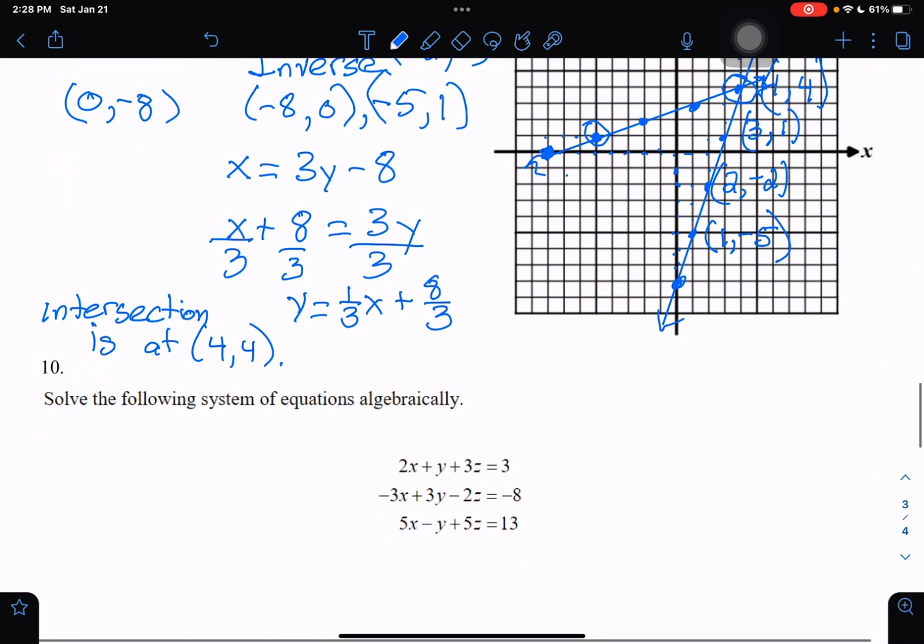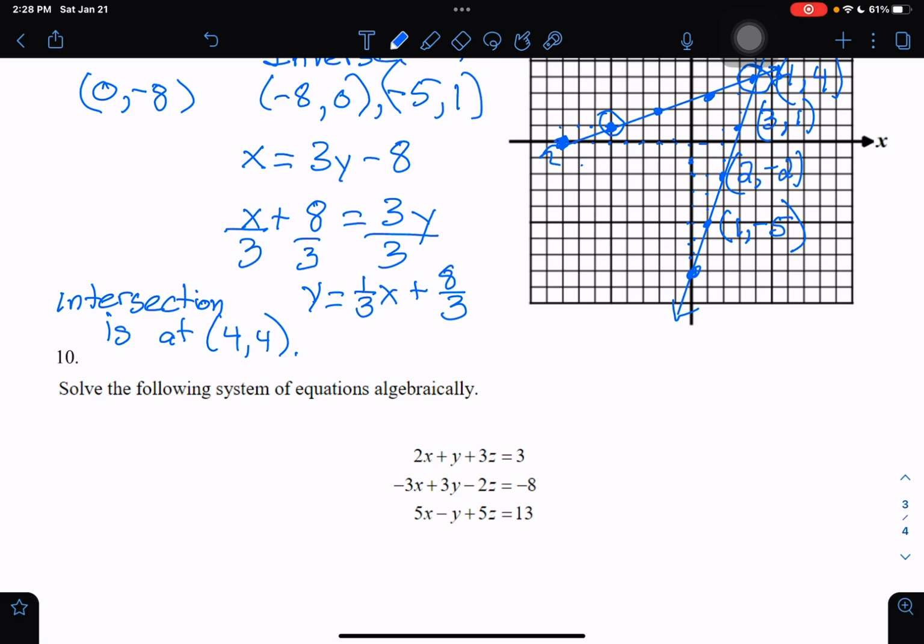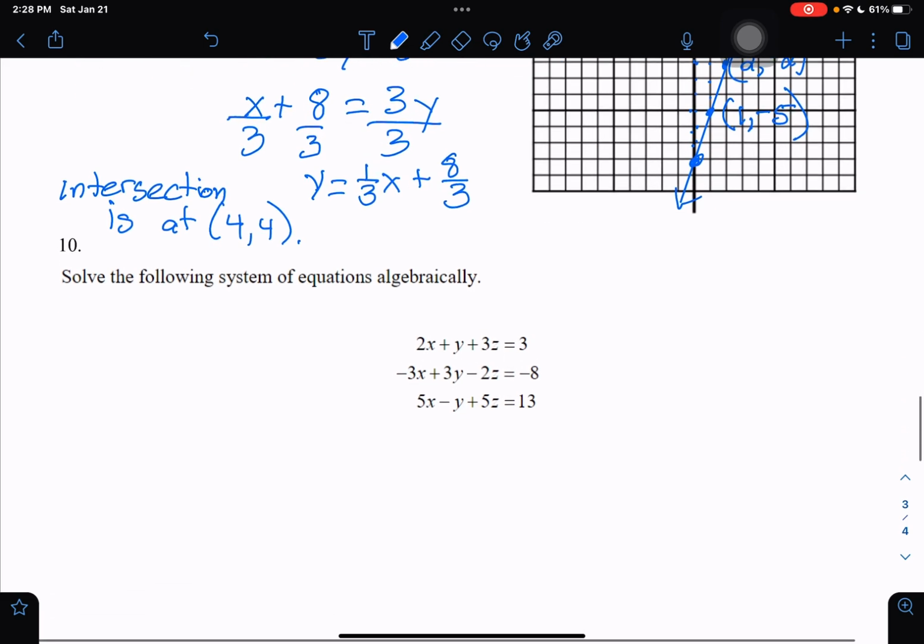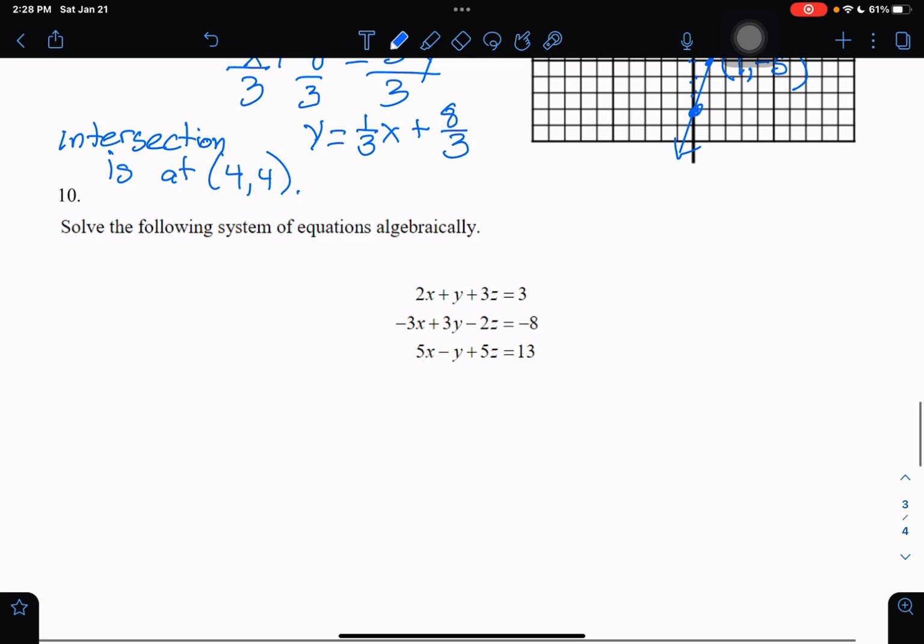inverse meet. All right. So these are three equations and three unknowns. The y's have different signs, you have y and you have negative y. It's always easy to do those first. You could do them in any order.